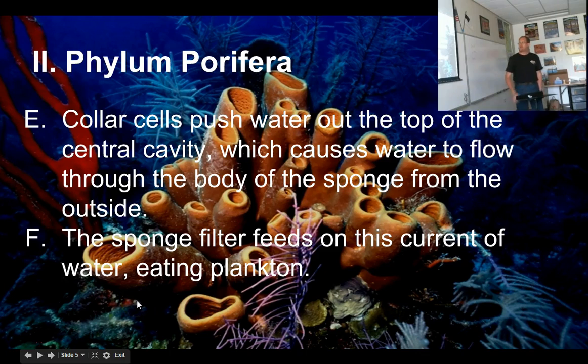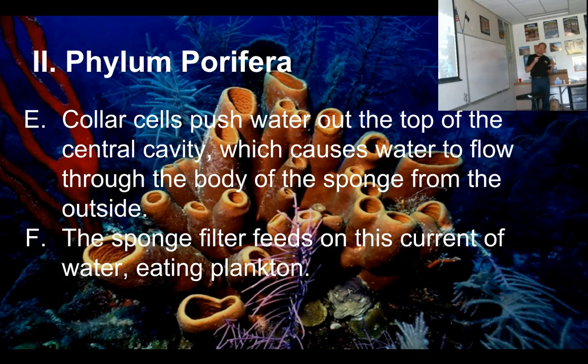Okay. One of your last slides of words, and then we've got a bunch of pictures in the video. Collar cells push water out the top of the central cavity, which causes water to flow through the body of the sponge from the outside. So the current is generated in that central cavity. There aren't collar cells inside the body of the sponge moving water through.